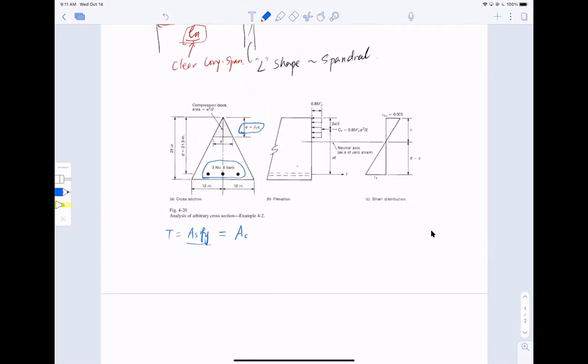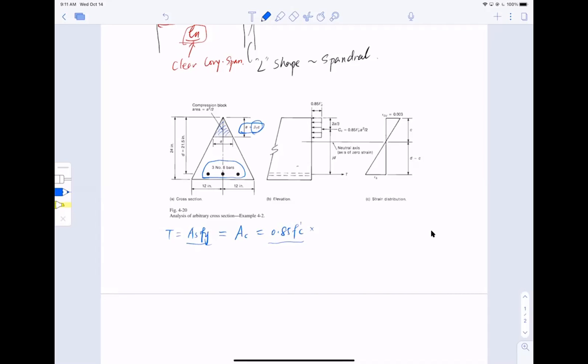Now in this triangular shape, the force will equal to, of course, 0.85 f'c. That's the compressive stress, multiplied by the area, right? What is the area? You think about this as a = beta1 c.